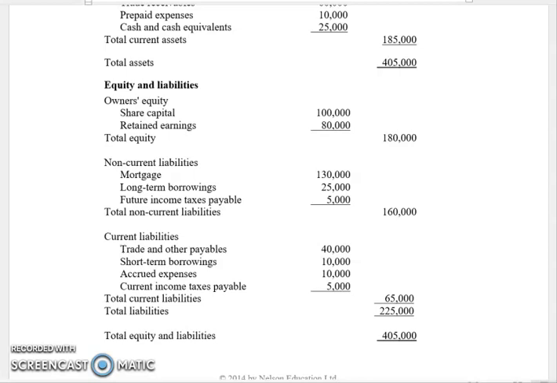Then we have our current liabilities: trade and other payables, short-term borrowings, and accrued expenses. If you remember from back in Financial Accounting 1 or maybe even Financial Accounting 2, accrued expenses are expenses that we have incurred, but we haven't received the invoice yet, and that's why it's not considered part of trade payables.